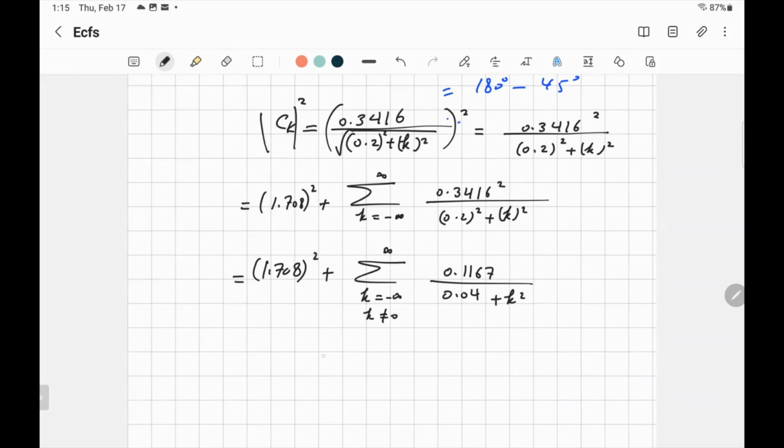All right. And this sum you can do, but observe something: you can simplify it. The zero term is not affected, that's why I left it out. Here k is squared, so if you put 1 or -1, 2 or -2, it gives the same value, right? So I will simplify this: from k equals 1, because I have 0 out. If I didn't have 0 out, I'd add from 0 to infinity. I'll write the same expression, 0.04 plus k squared, and then multiply by 2.